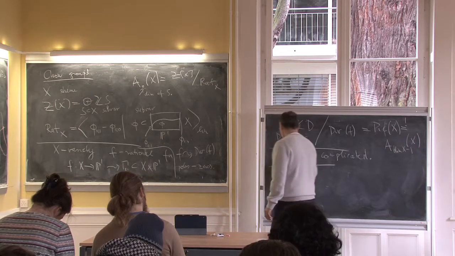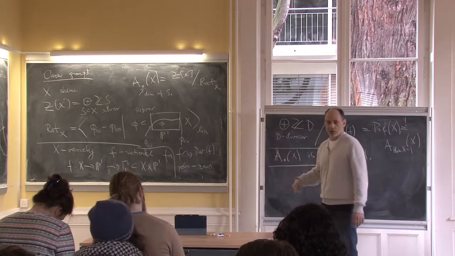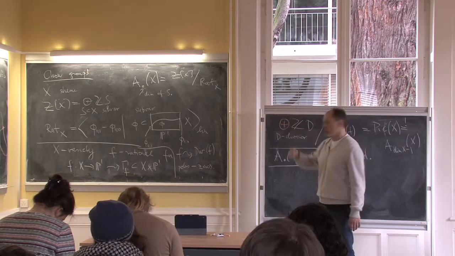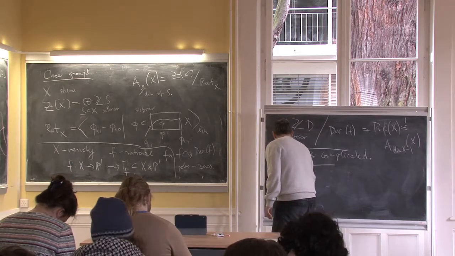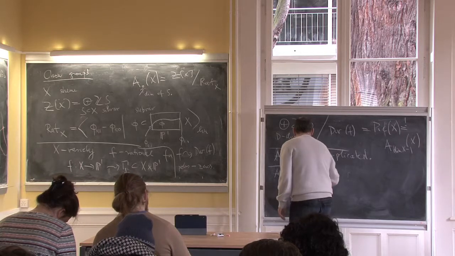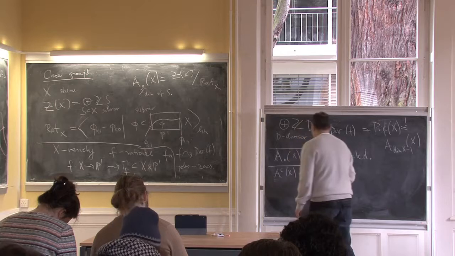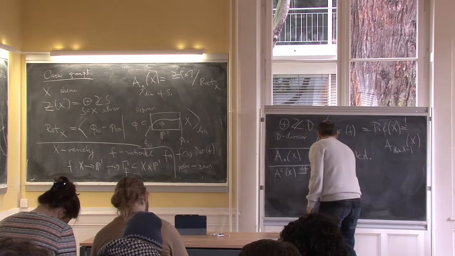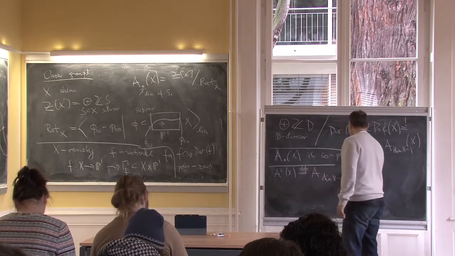One was that I simply take the same thing but graded by the codimension, and I'll call this A upper C of X, the Chow cohomology, if you like. By definition it's just A of dim X minus C, so it's graded by codimension.